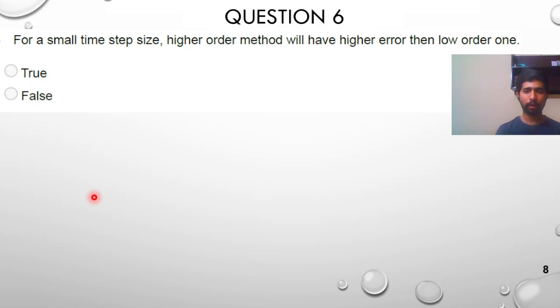What is the order of a scheme? How do you determine that? That is determined using the truncation error, right? The leading terms which we excluded when we took that Taylor series expansion. So we ignored some terms.